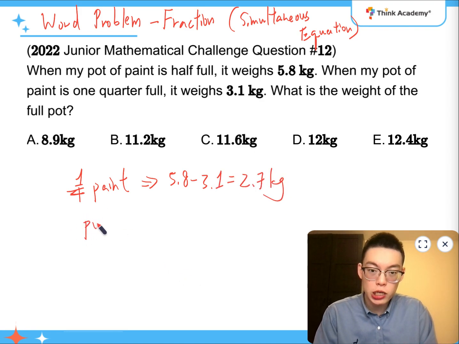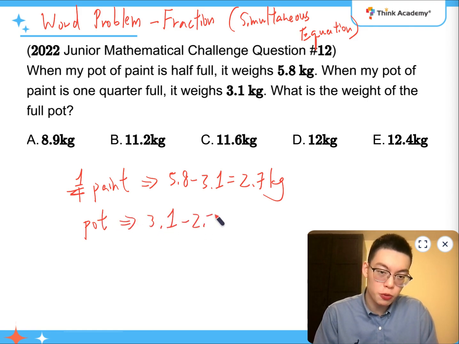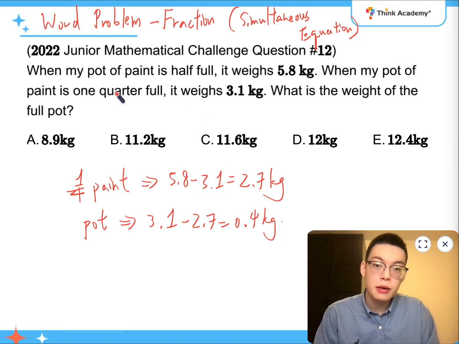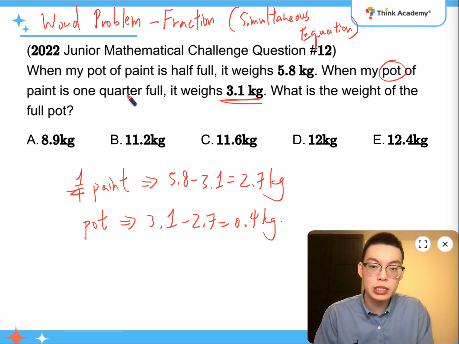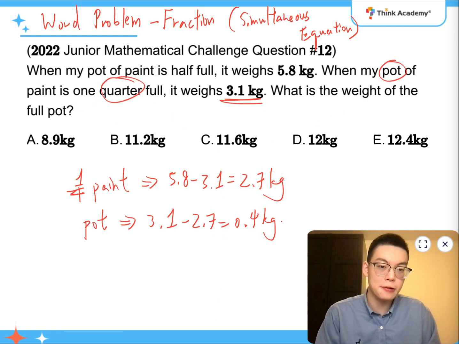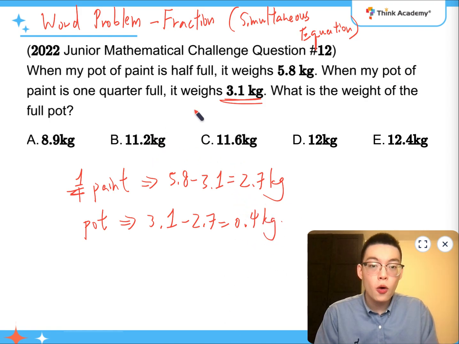And as for the pot, it weighs 3.1 take away 2.7, that is 0.4 kilograms. Because that 3.1 is containing the pot weight and the quarter paint weight, right? So we can find the pot weight. And after that, we will know the weight of the full pot.